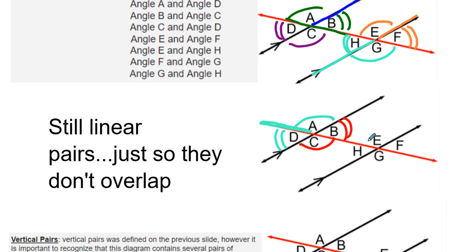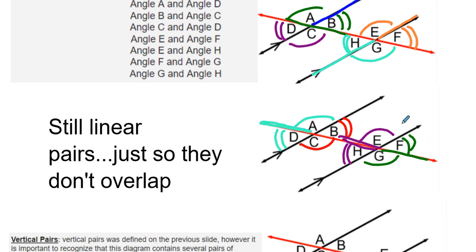We also have E, which can go with H. They're made up of this straight line and share this line as a side. And finally, the last one, we have G and F. They share this side, and they're made up of that straight line right there.